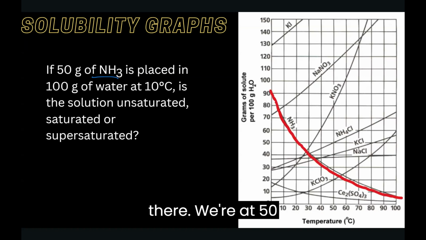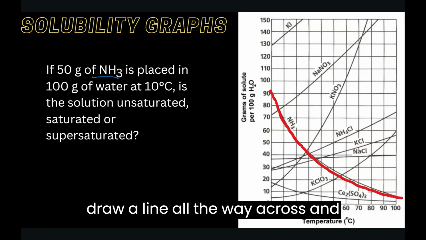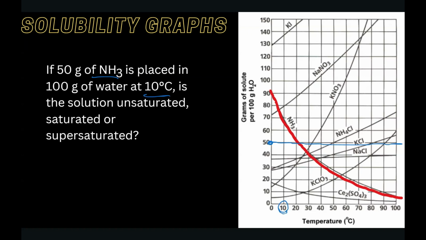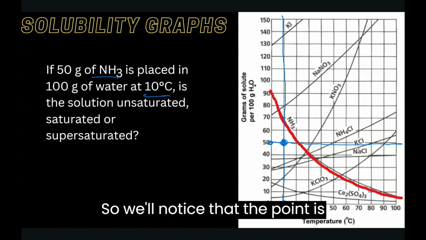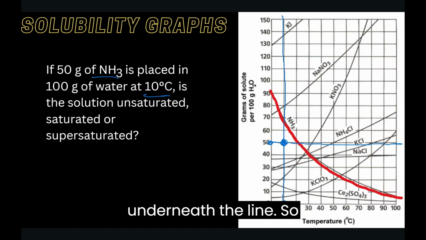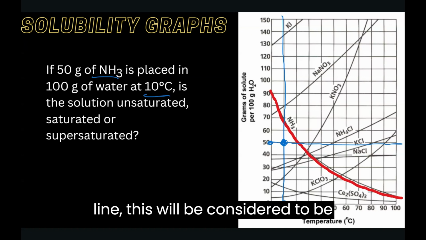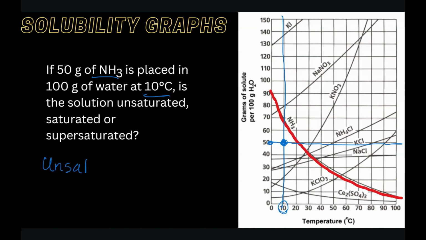We're at 50 grams, so we'll draw a line all the way across, and we're going to be at 10 degrees Celsius. Go all the way up. So we'll notice that the point is underneath the line. Because this point is underneath the line, this will be considered to be unsaturated.